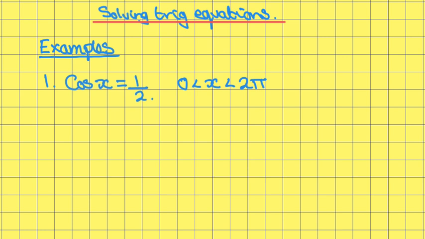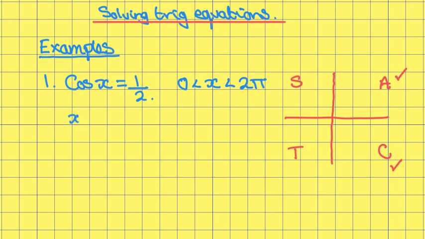So if we draw ourselves a quick CAST diagram, so we've got C, A, S, T. We want cos to be positive, and cos is positive in quadrant 1 and quadrant 4. Now I can solve my equation.